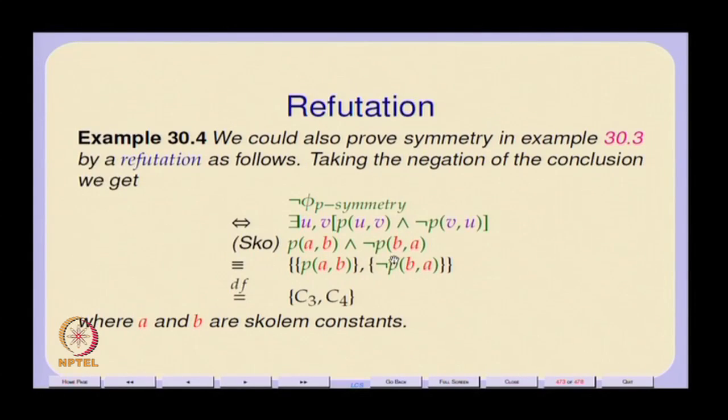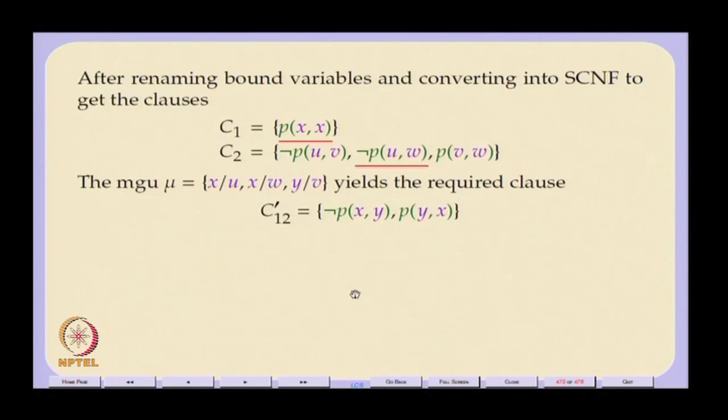p a b and not p b a are actually two clauses, which I will call C 3 and C 4. Now you can add C 3 and C 4 to the two clauses C 1 and C 2, make sure their variables have been standardized apart, and apply the resolution rule.